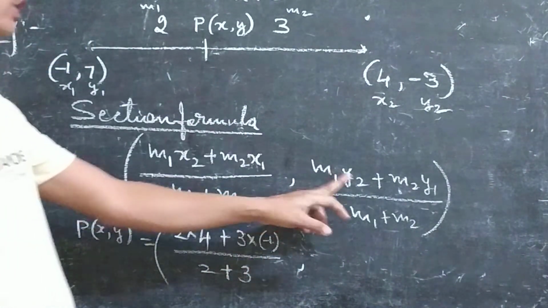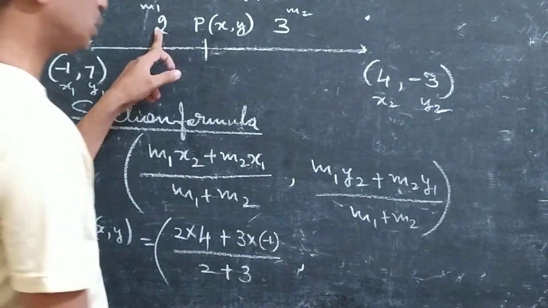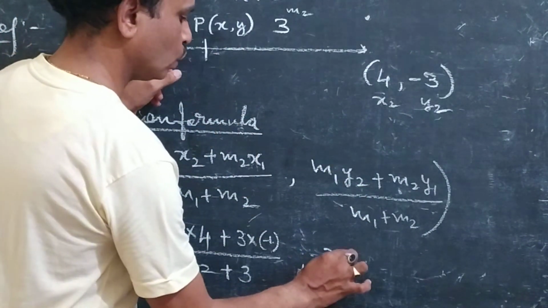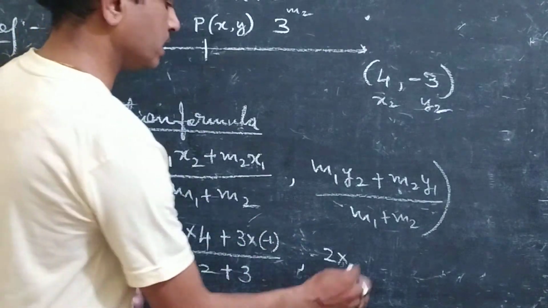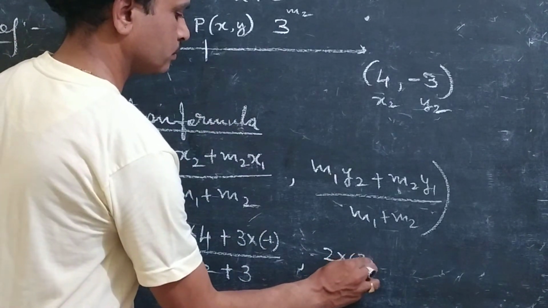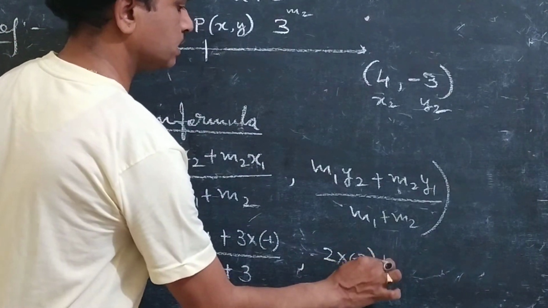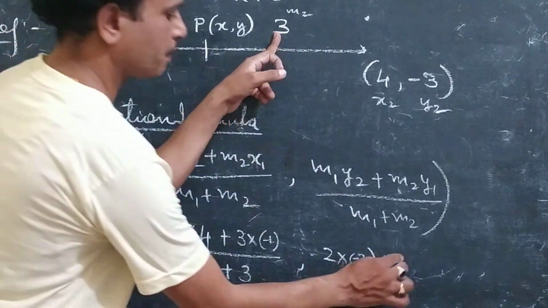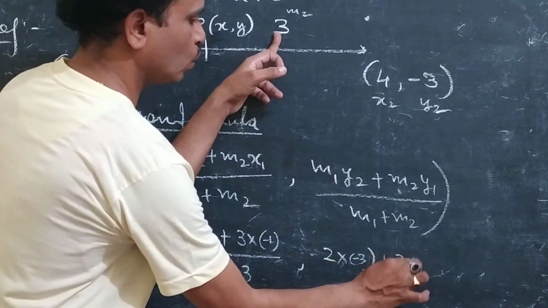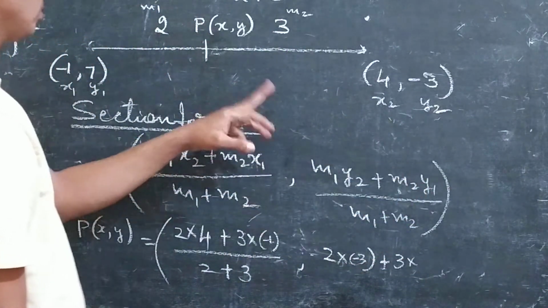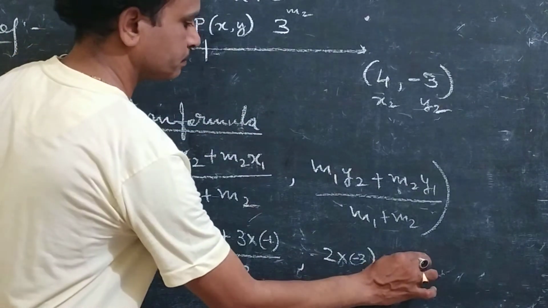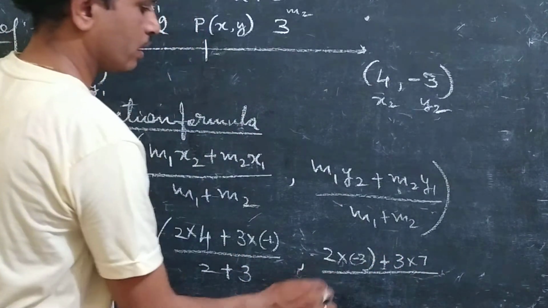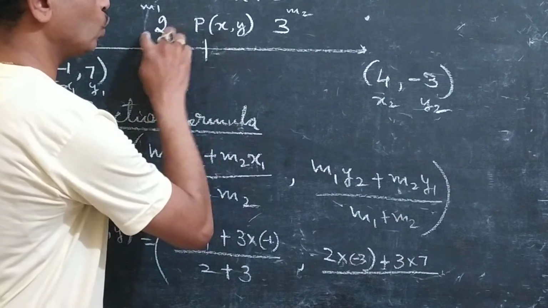Next, m1 into y2: m1 is 2 into y2 which is minus 3. Then plus m2 which is 3 into y1; what is y1? 7. Divided by m1 plus m2, 2 plus 3.